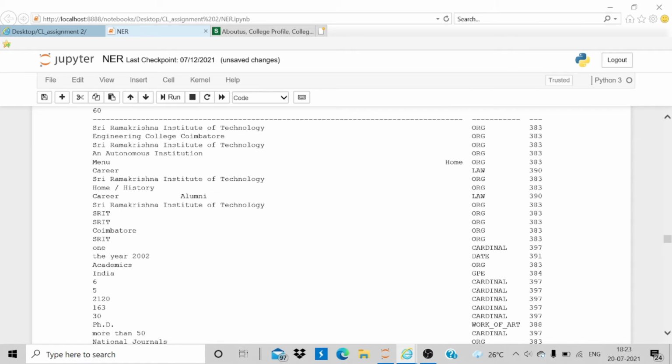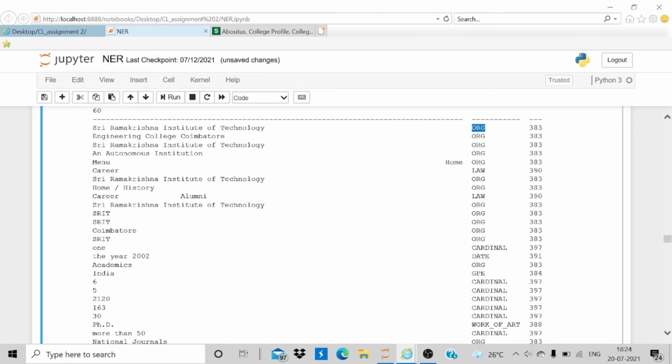This column talks about the entities, then the categories of entities, and then the corresponding label number for this category. Okay, so organization is assigned to category number 383. So likewise, there is a number for each given category. Okay. Sri Ramakrishna Institute of Technology belongs to organization.